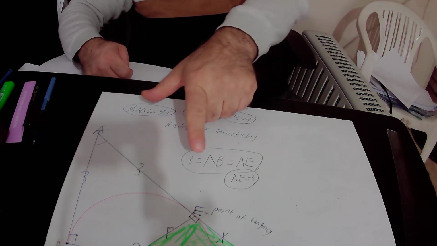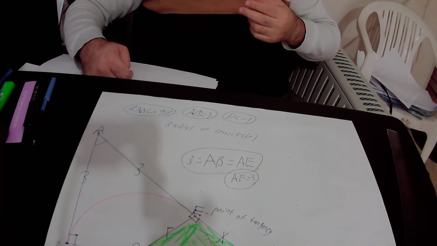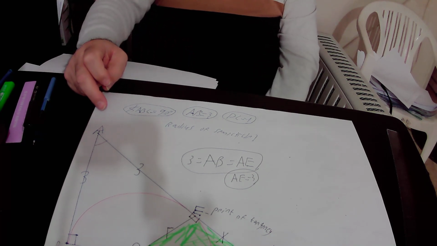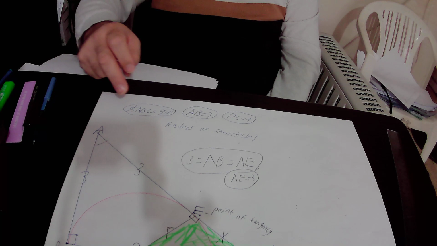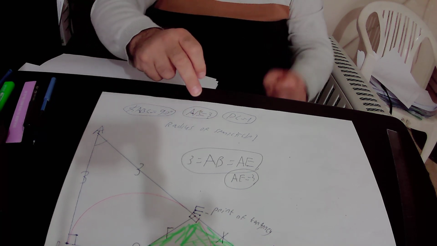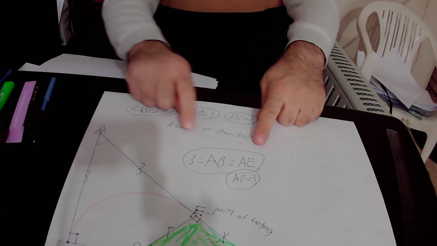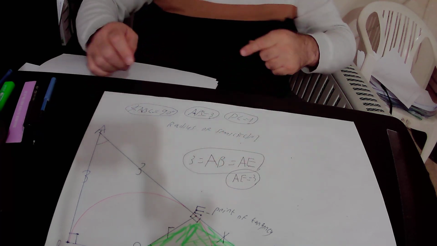The second tangent is AE, and according to rule number 1, the lengths of those two tangents are equal, that is to say AB equals AE. But we know that AB equals 3 units, so we conclude that AE also equals 3 units. Okay?